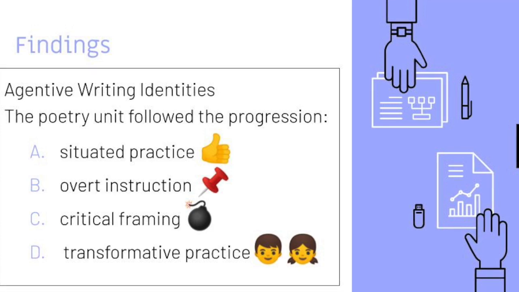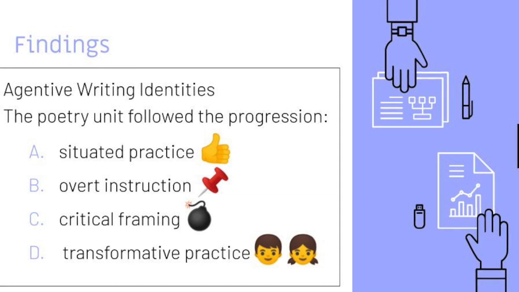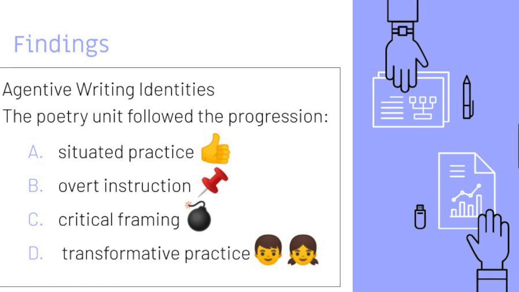And they said there was some of that, but they wish, for the sake of the study and for the students benefiting, that they would have had more immediate support and feedback for writing. It's an easy fix, and it can be done next time.